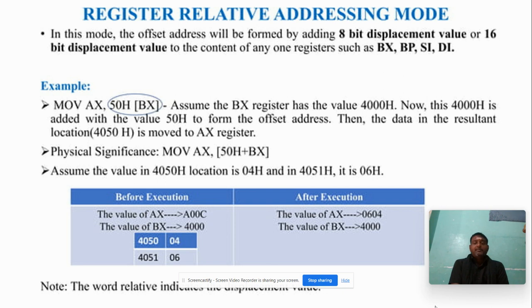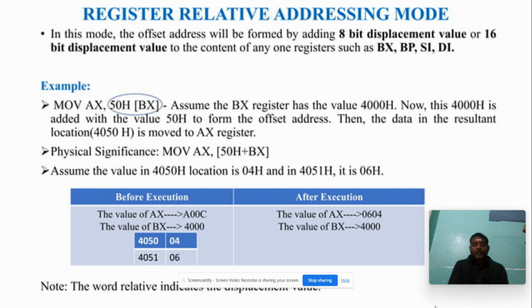BX means base register, BP means base pointer, SI means source index, DI means destination index. Example of this instruction: MOV AX, 50H[BX]. Before the execution of this instruction, the value of AX is A00C and the value of BX is 4000.